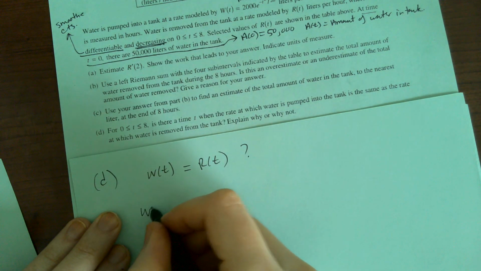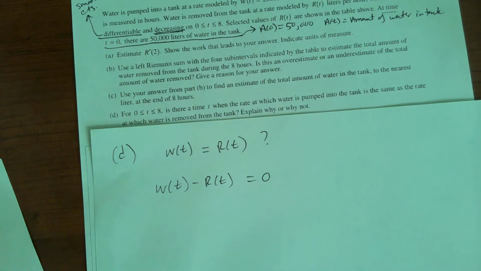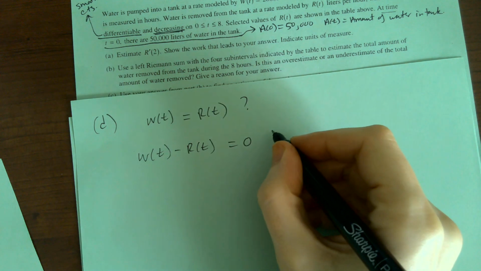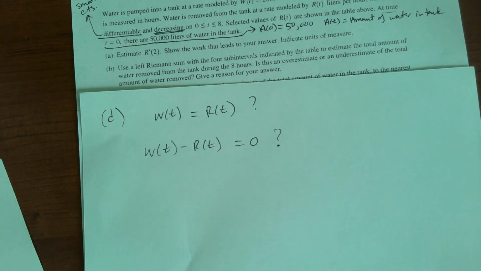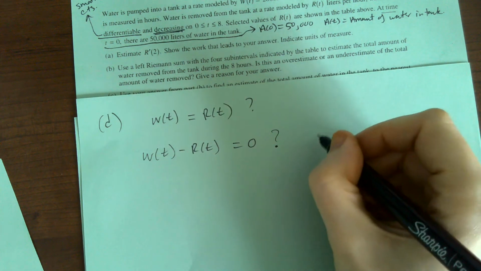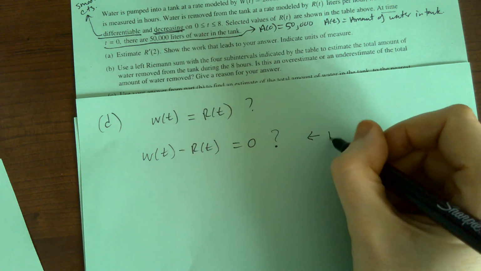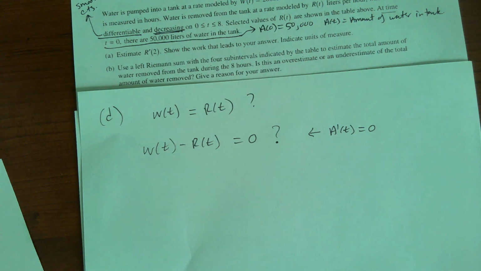So if you subtract R of T from both sides, we want to see if this is true. Now guys, W of T minus R of T, that's actually A prime, what I defined to be A. So A prime of T equals 0.